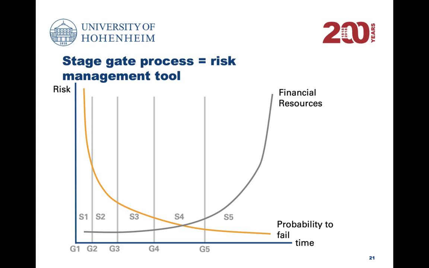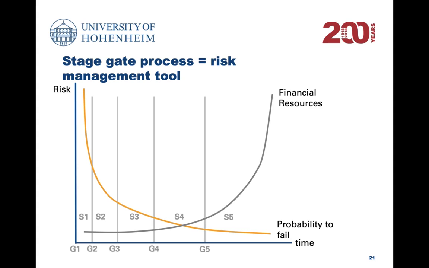risk management. So if you look at the financial resources, we said on the horizontal axis we have time, and on the vertical axis we have risk, money, and probability.